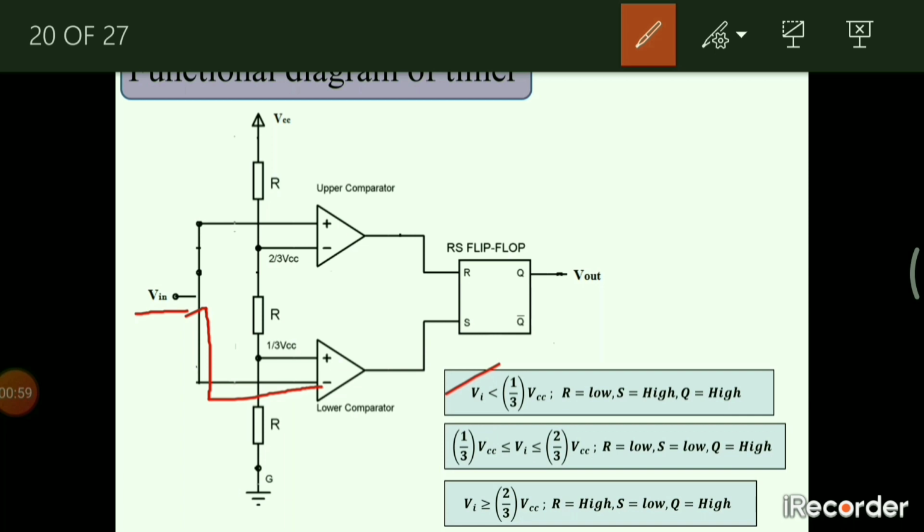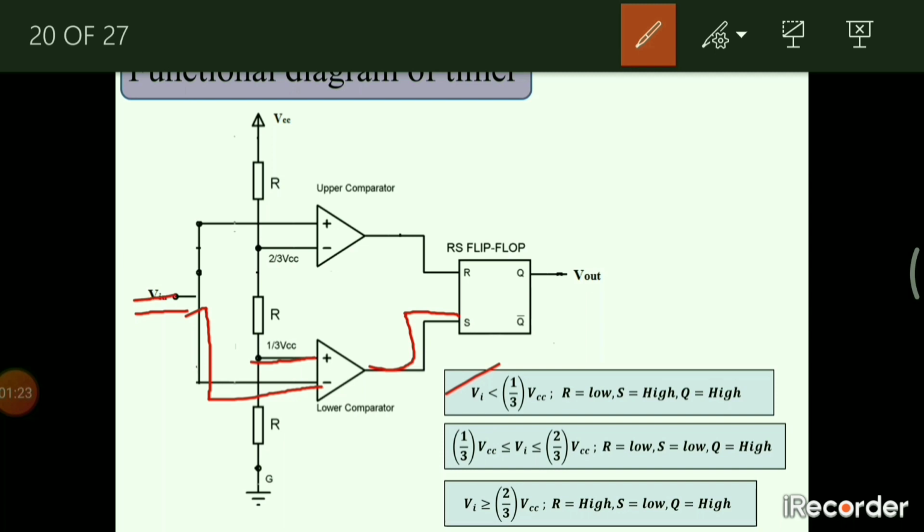The value is less than 1 by 3 VCC. For the positive terminal, the input is 1 by 3 VCC. So here the positive terminal input is more than the negative terminal input, so the output is high. It means that the value of S is high.